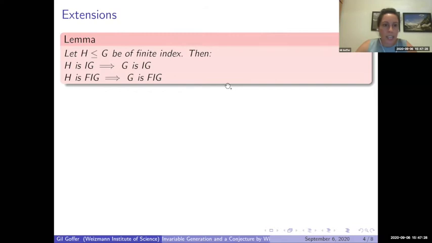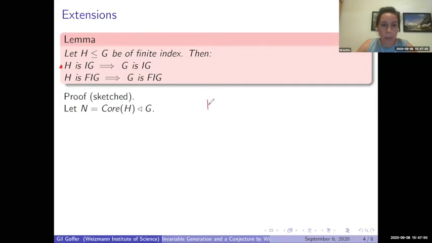Let me sketch briefly the proof of the first statement; the second part is very similar. What we do is pass to a normal subgroup. Whenever you have a subgroup H, you can consider its normal core.